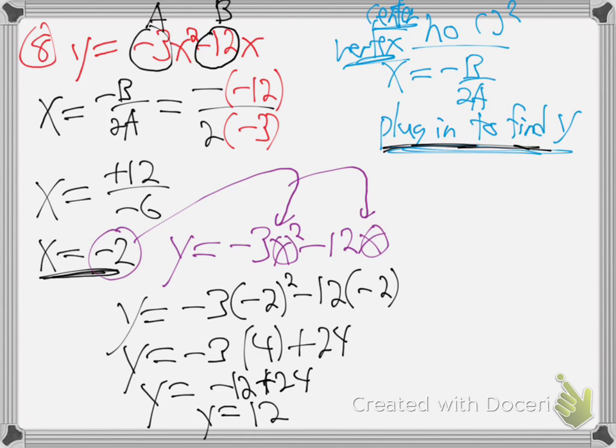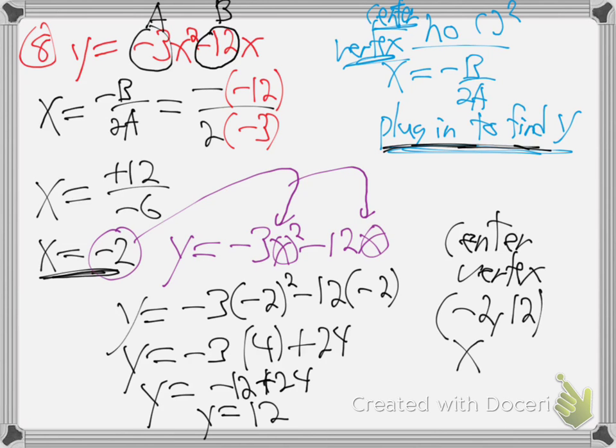Y is 12. So the vertex is minus 2, 12. So that's the center. Let's go to a fresh screen and graph that thing.